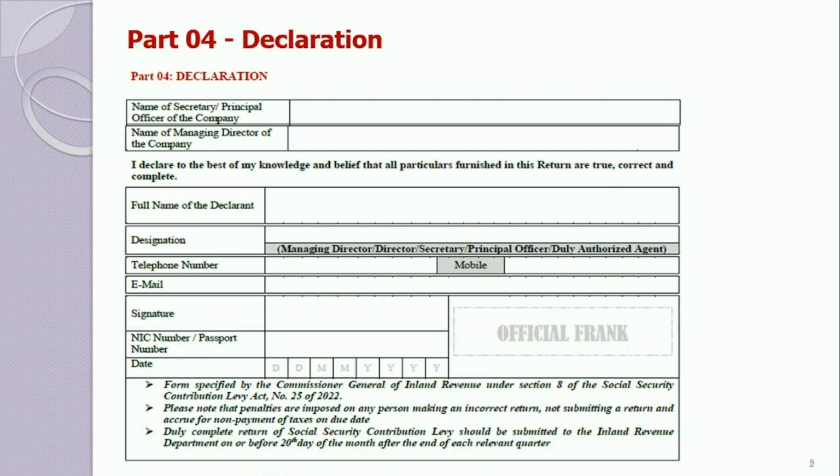The information in Part 4 should be filled correctly, and sign the declaration and submit the return to the CDMU of the head office or any regional office.